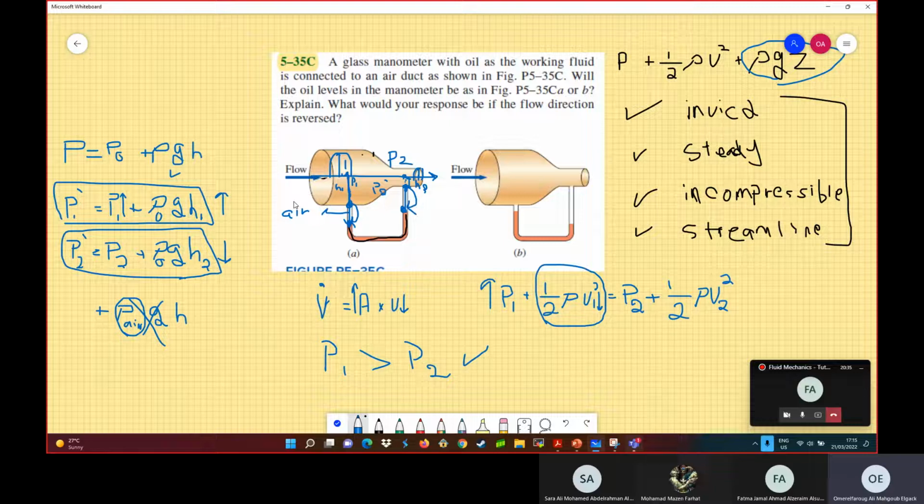Okay, now we reach the conclusion that P1 prime is greater than P2 prime. And this is P1 prime here. And this is P2 prime. Now, if P1 prime is higher, then it should push the fluid, it's like a scale.